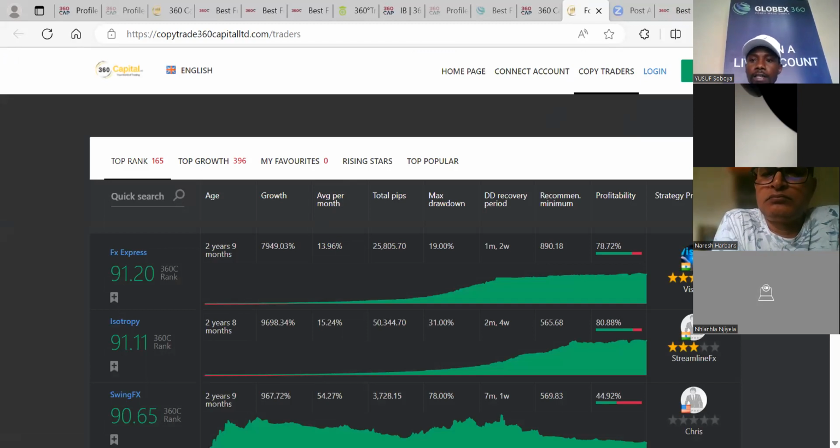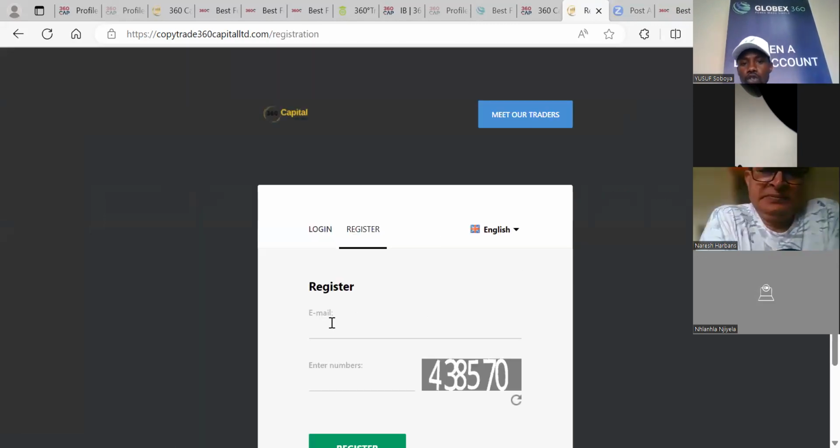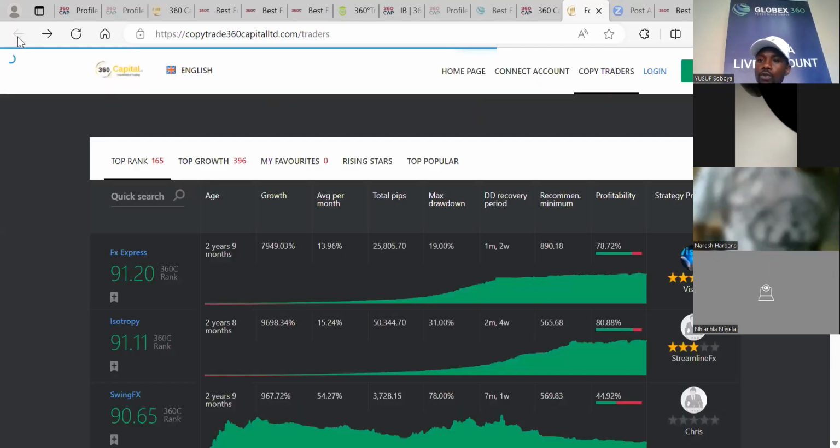Now, the most important thing to understand is that you need to register on the copy trade website. You already have an account with 360 Capital, but you need to register with the copy trade page as well. So when you click register, it wants your email address, you put your email address, you put this code, and then you click send, and then it gets to our side and you'll be approved.